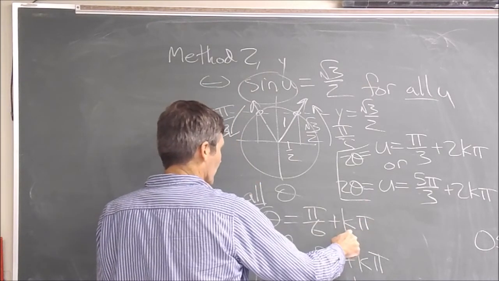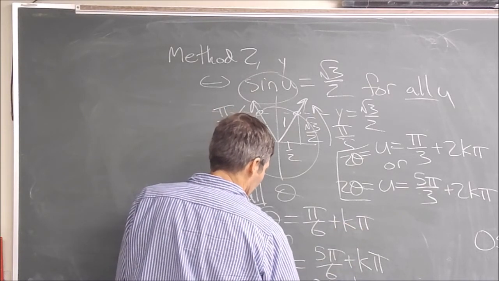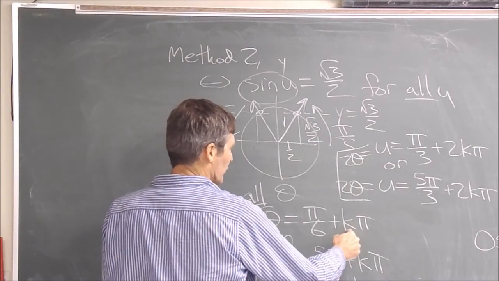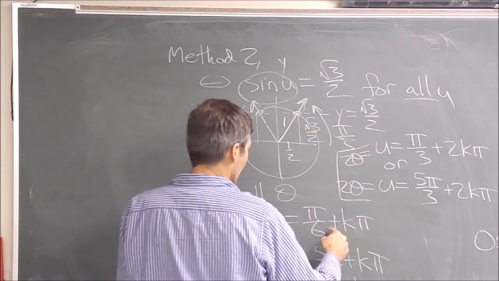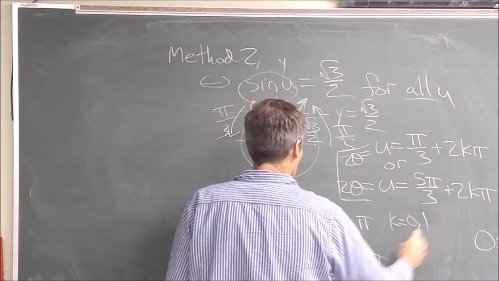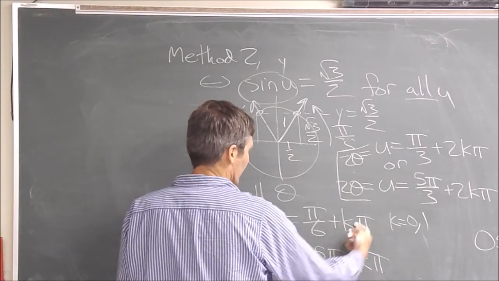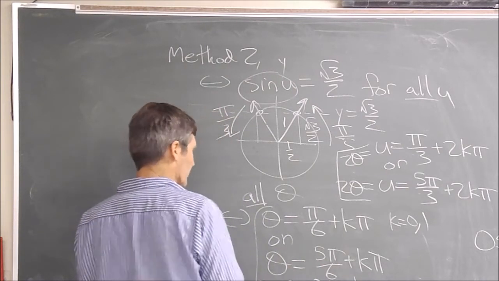Then I put k equals 1. Pi over 6 plus pi is 7 pi over 6 if you do some quick adding. That's between 0 and 2 pi. But if you add 2 pi plus pi over 6, that's bigger than 2 pi. You throw that one out. So k equals 0 and 1 works here. Negative 1 makes this less than 0. That's too small. 2 makes it too big. So you just try around 0 and 1 until you get 1 too big and 1 too small.